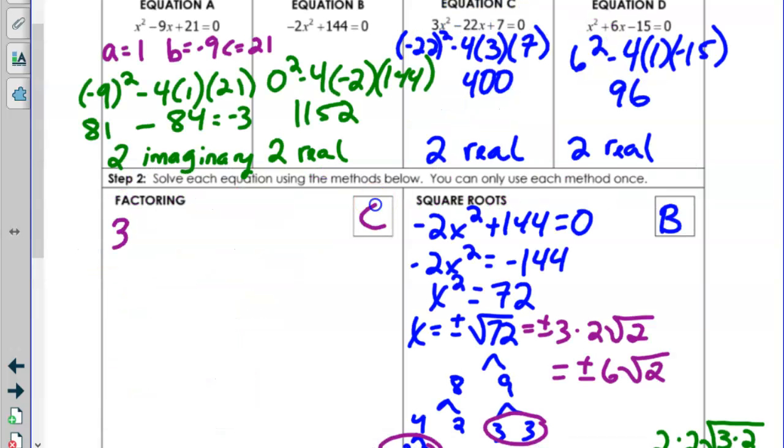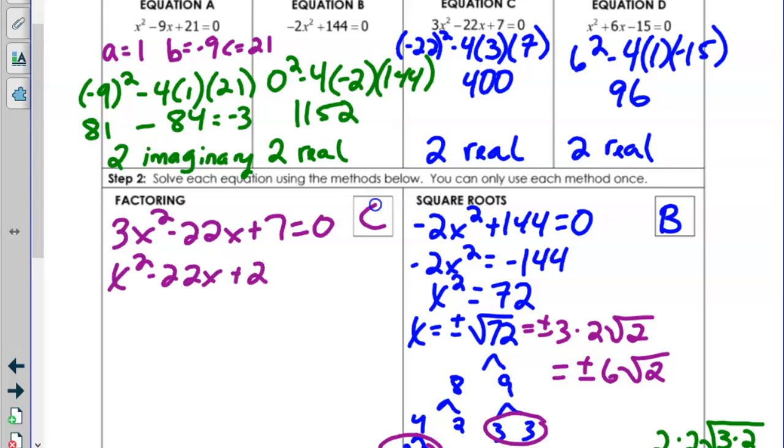We have 3x squared minus 22x plus 7 equals 0. We're going to do the slip and slide method. So your next step is x squared minus 22x plus 21 equals 0. Factors of 21, so will give us a negative 22, would be x minus 21, x minus 1.